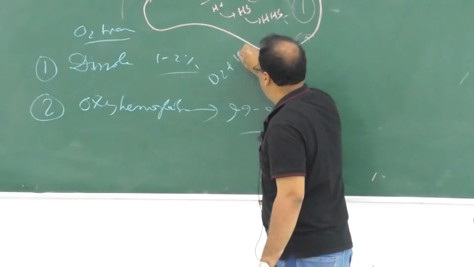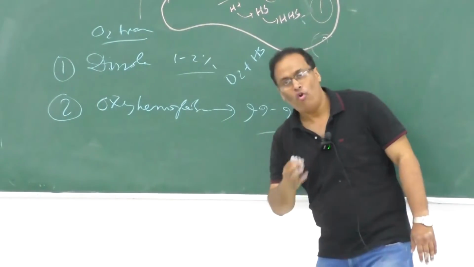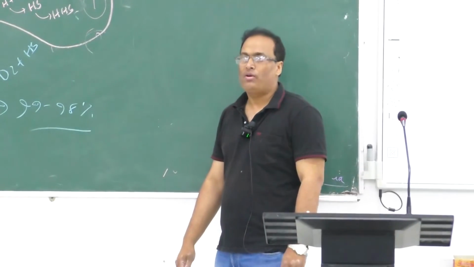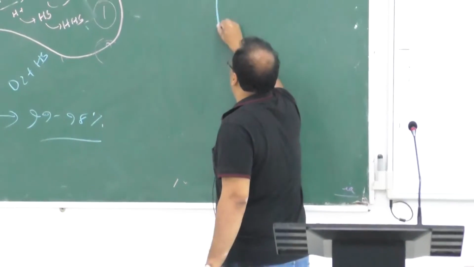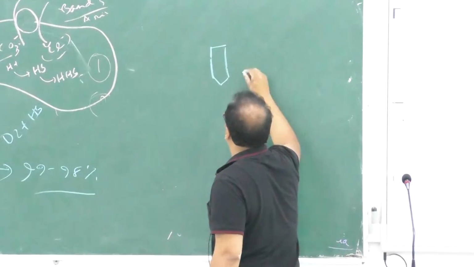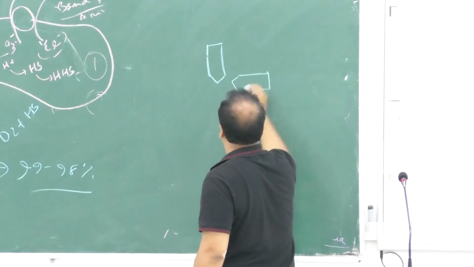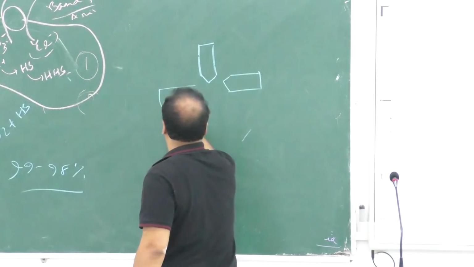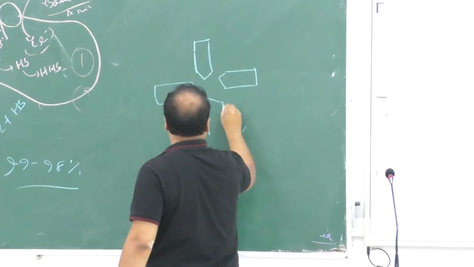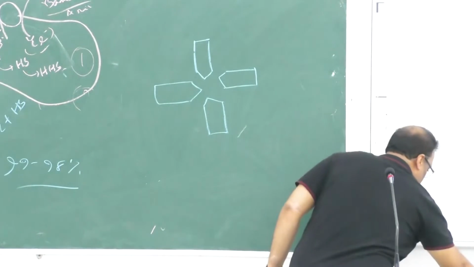O2 হিমোগ্লোবিন। একটা হিমোগ্লোবিন মলিকিউলে 4 মলিকিউলস অফ অক্সিজেন বাইন্ড করবে। এখানে কি আছে?